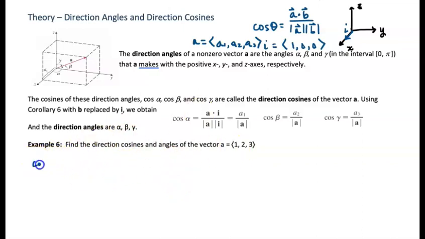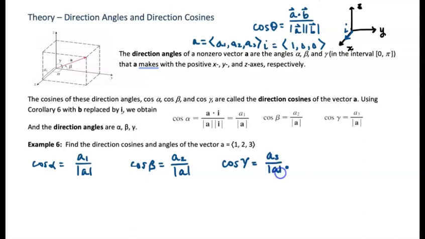Well, we know that the cosine of alpha is equal to the first component of A divided by the magnitude of A. The directional cosine of beta is equal to the second component of A divided by the magnitude of A. And the cosine of gamma is equal to the third component of A, again divided by the magnitude of A.